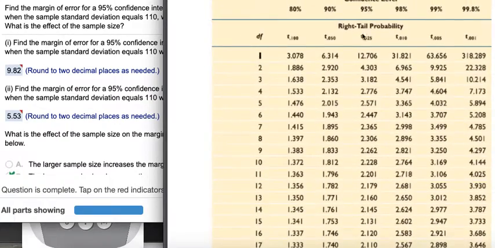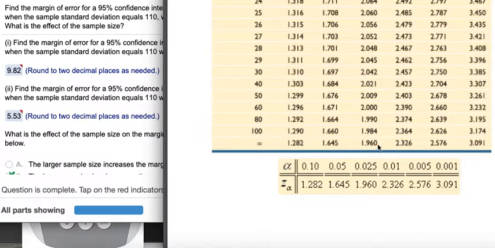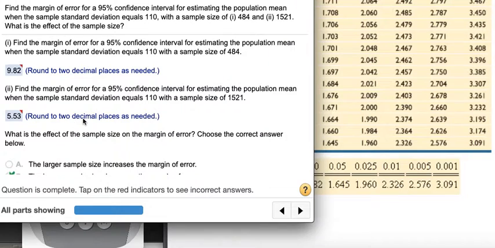We're in the middle column for 95%, so going down to degrees of freedom of infinity, we get the very familiar z-score of 1.960. We'll use it for both of these because our degrees of freedom will be even more here, 1520, once we subtract the 1. So we'll be using 1.960 for both of them.